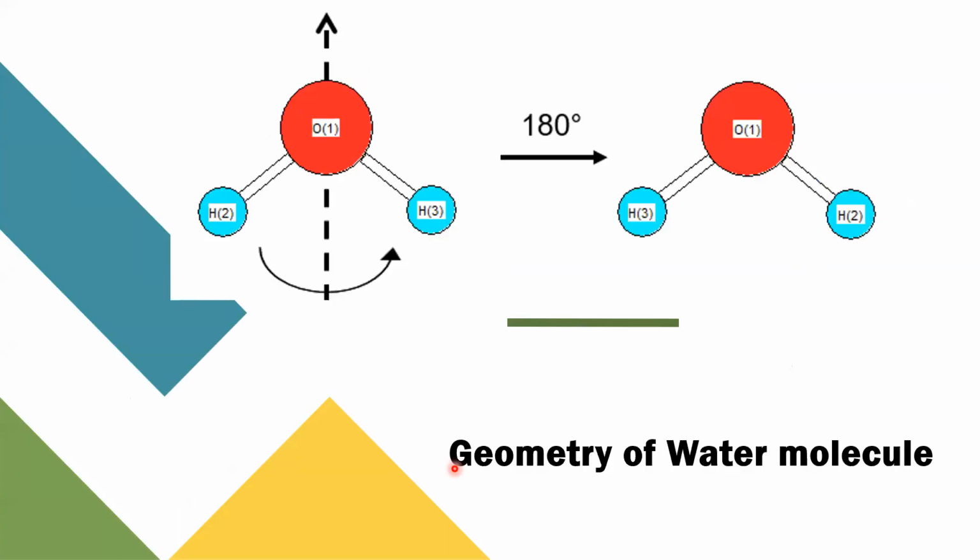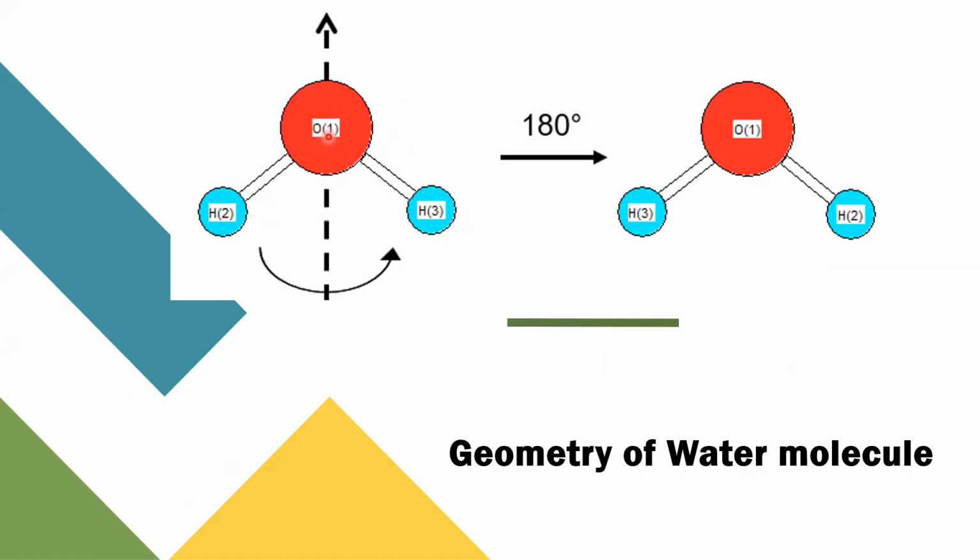Okay. So here you can see the water molecule. The red circle is the oxygen atom. The two blue circles are hydrogen atoms, right? So this is the three-dimensional picture.